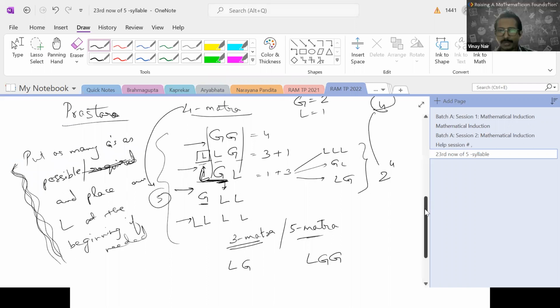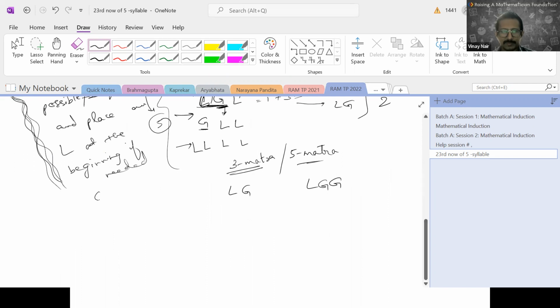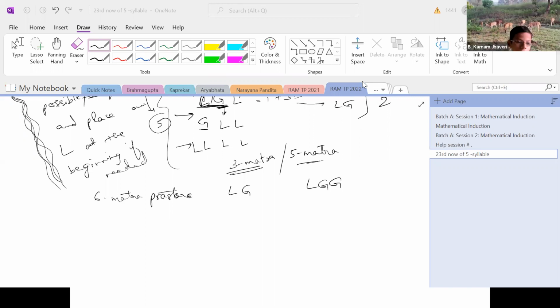All right. So why don't you guys try out a 6 matra prastara? Do a 6 matra prastara and send me the count on chat. Karnam, question? No observations right now. If you have an observation, send it on chat.